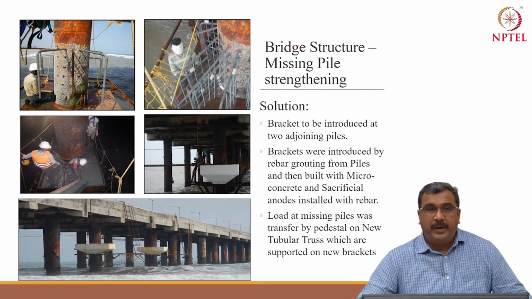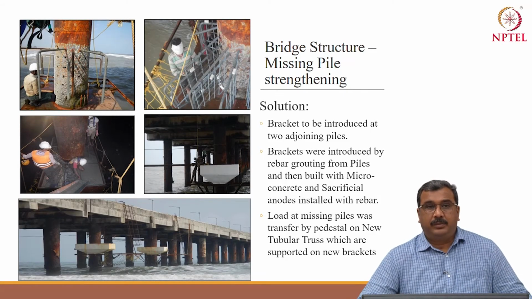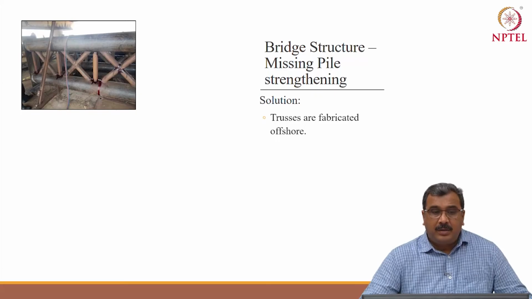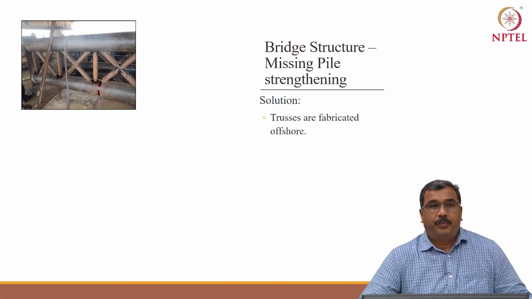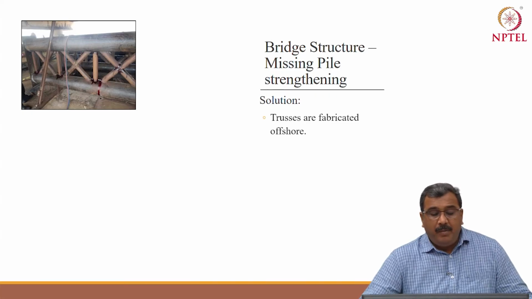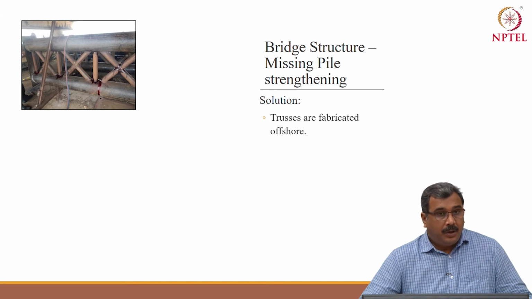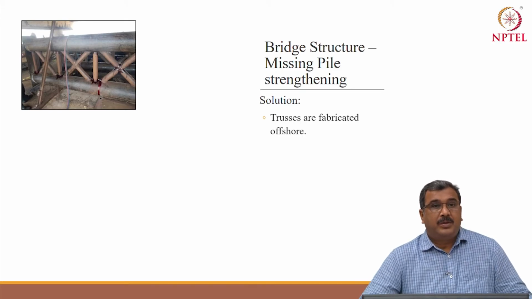On these two new brackets, a truss will be placed. Now, this truss has been fabricated on shore. The available pipe was 350 mm in diameter, and the available pipe thickness maximum was 17.5 mm.